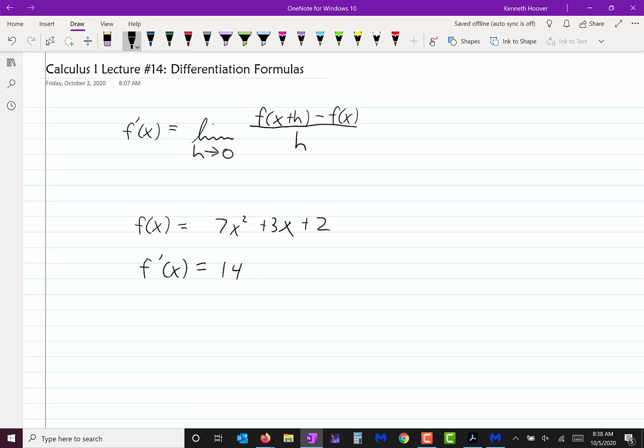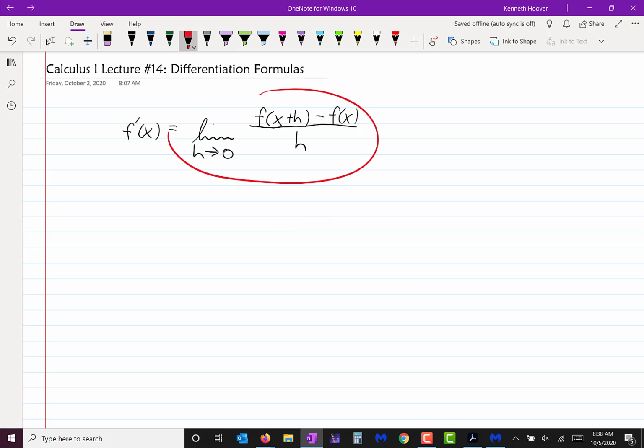It's 14x plus 3. Okay? Because I know a shortcut for it. And that's what I'm going to teach you today: several shortcuts for derivatives so that you don't have to do this limit every time. Okay? All right, so let's get started.